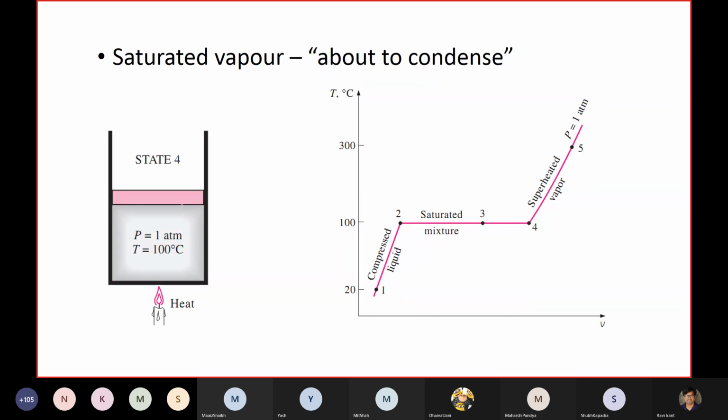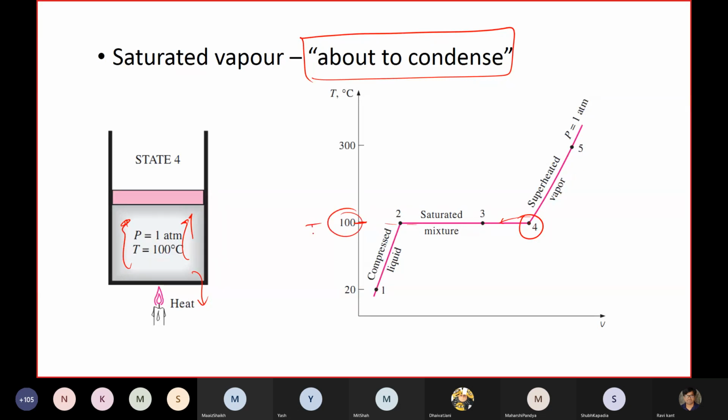Okay, so all your liquid has been converted to vapor, and this phase at 4 is called about to condense. Why? Whenever it loses some heat, it is going to get back to this. That is why it is called about to condense. But notice that it still has temperature 100 over here.